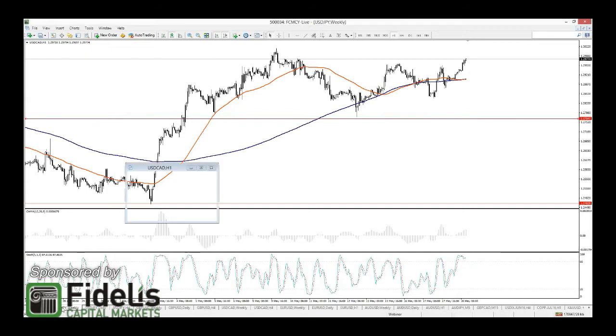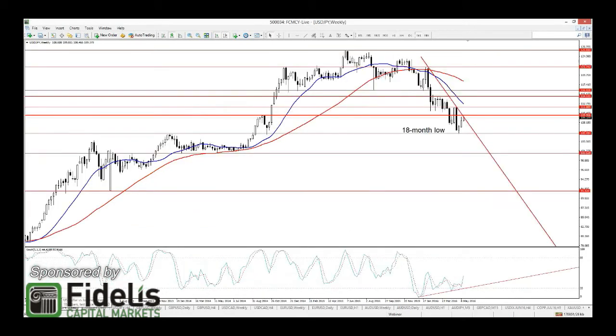Okay, thank you. So let's start with the USD Yen. We can see on the weekly that prices have bounced up from an 18-month low at 105.49, and they went up to the downtrend line, where they could find upside difficulties to move higher.